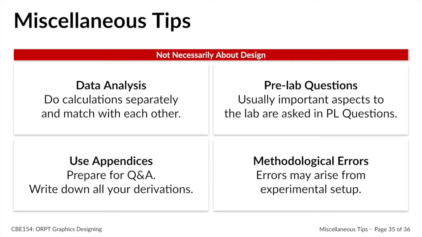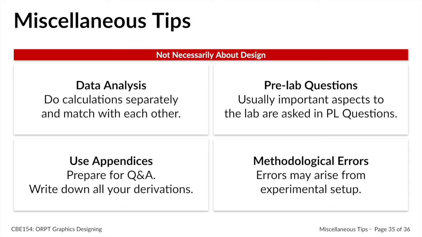And whenever the professor asks you questions during the Q&A session, you can always be prepared by turning over to the relevant appendices slides to answer the question. Third, I want to emphasize the importance of pre-lab questions. Usually, the important aspects to the lab or the main motivations are included in the pre-lab questions, and these pre-lab questions are often asked during the Q&A sessions as well.